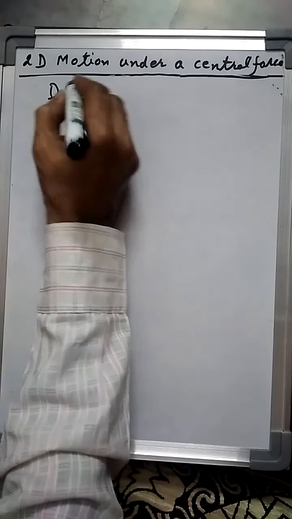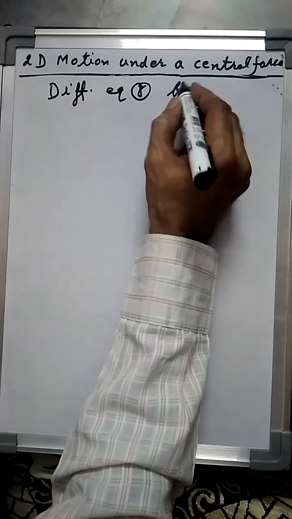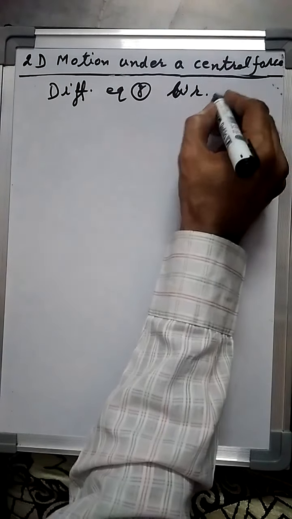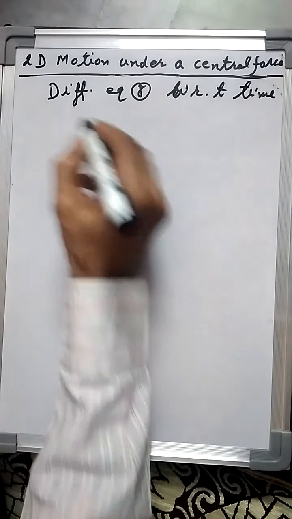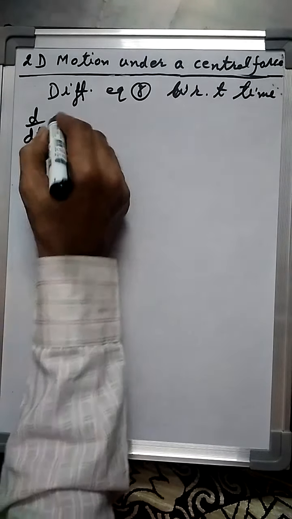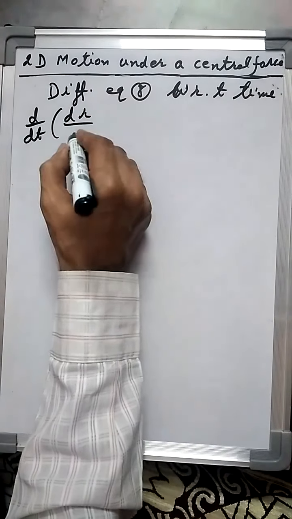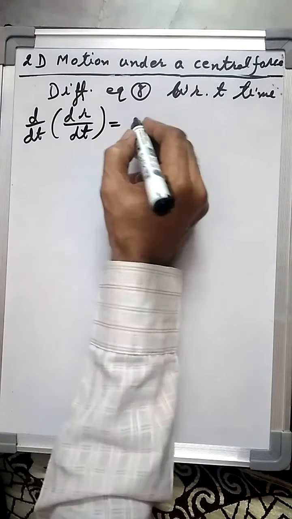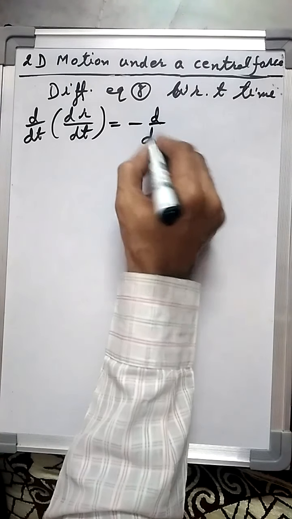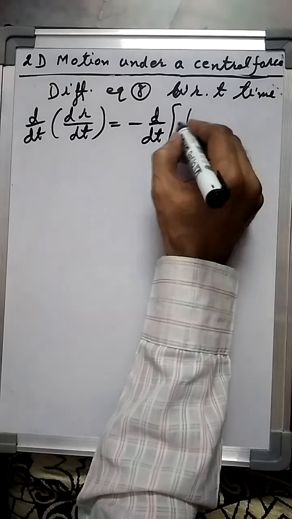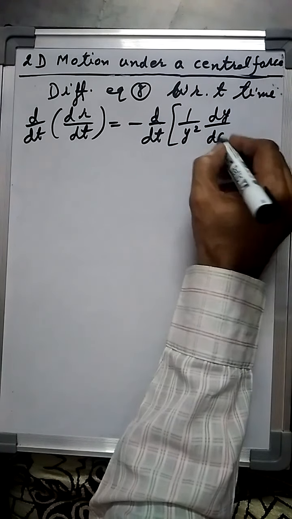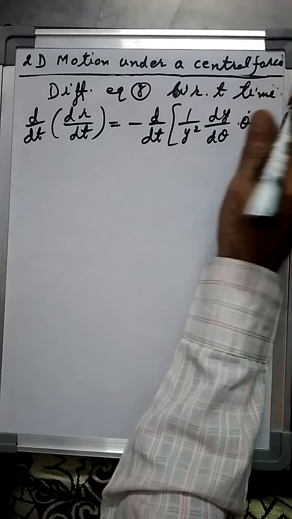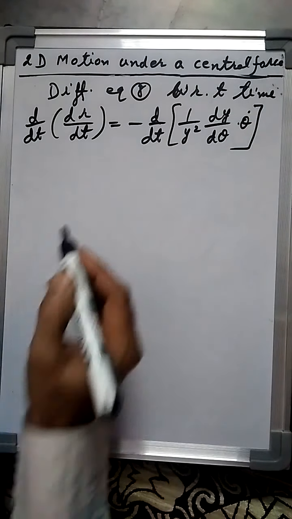Differentiate equation number 8 with respect to time. So we can write d upon dt of dr by dt on the left hand side, equal to minus d by dt of 1 upon y square dy by d theta into theta dot. Now we have to simplify this.